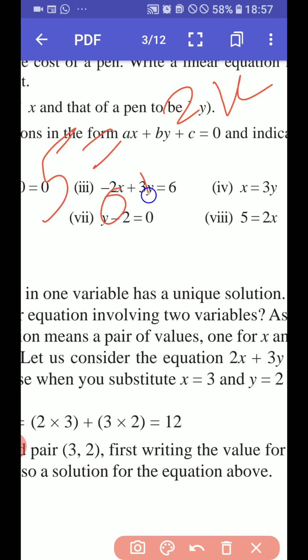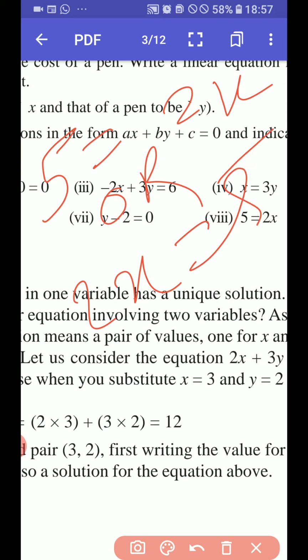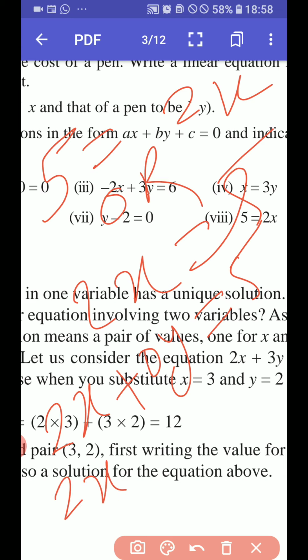You may also write like that, or 2x equal to 5, no change. You may further write it as 2x plus 0y equal to 5, and also you can write 2x plus 0y plus minus 5 equal to 0, which is in the form of ax plus by plus c equal to 0.